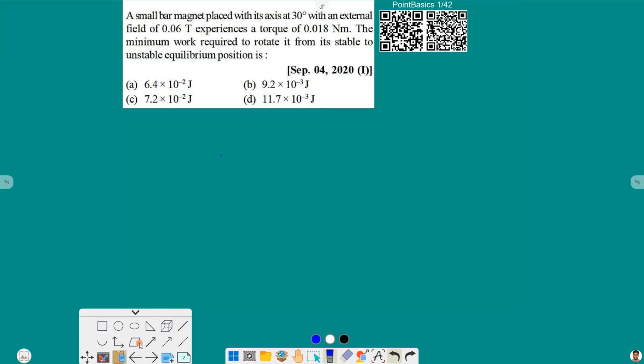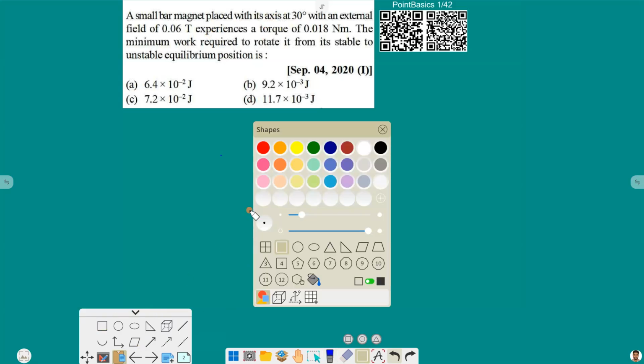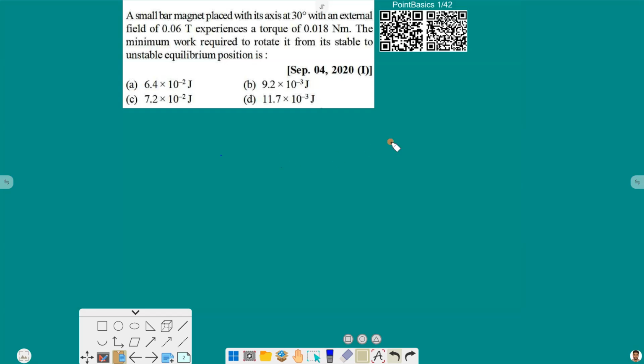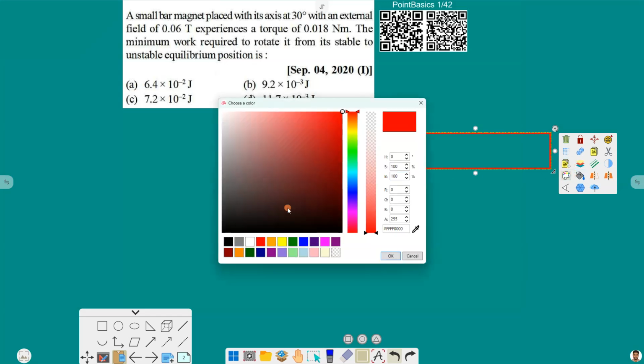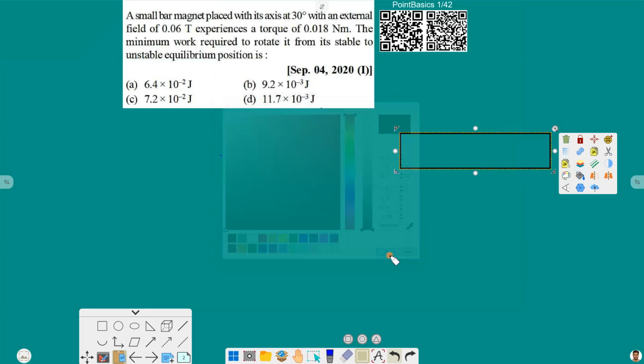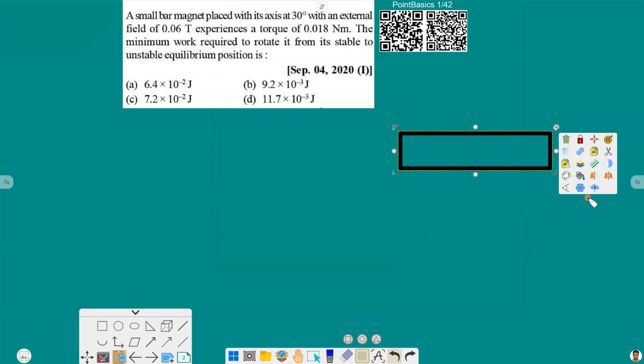So let's first draw a magnet. Suppose this is our magnet, and this is the direction of the magnetic dipole moment.